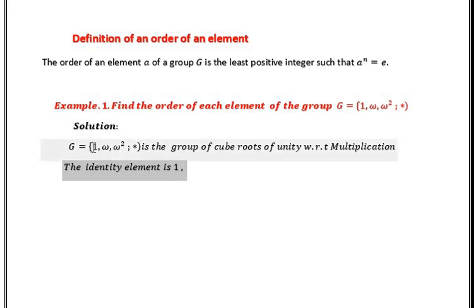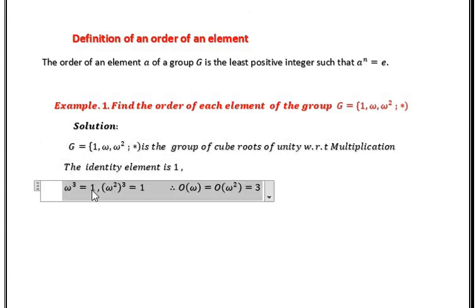Now 1 is the identity element. So let us take the second element, omega. So omega cube is equal to 1. Since it is the set of cube roots of unity, omega cube is equal to 1. See, we have represented omega as an identity element by taking an integral power 3. Therefore, order of omega is equal to 3.